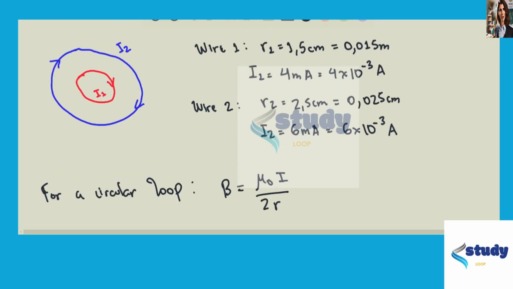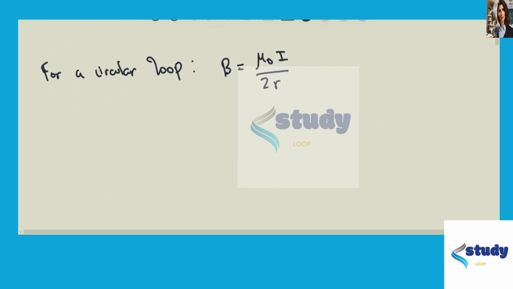Since we have here two concentric loops, we will have two magnetic fields, one produced by wire 1 and the other produced by wire 2.